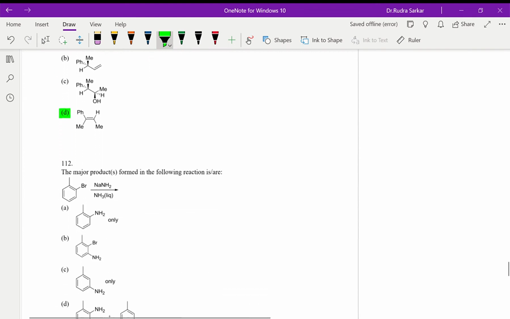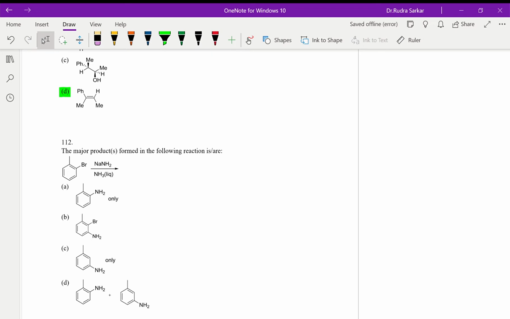Okay, next we have been given 112. This is basically a condition under which cine substitution should take place. Over here, the hydrogen is sufficiently acidic for a strong base like NH2 to take it up, so a minus sign is formed.